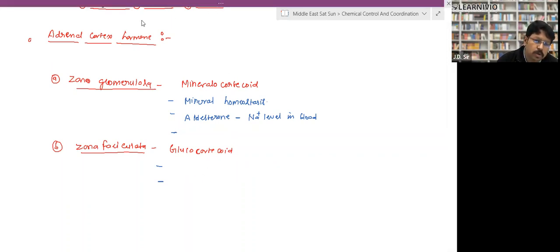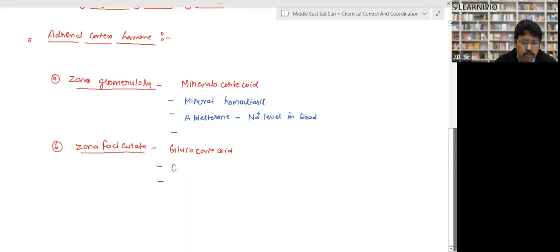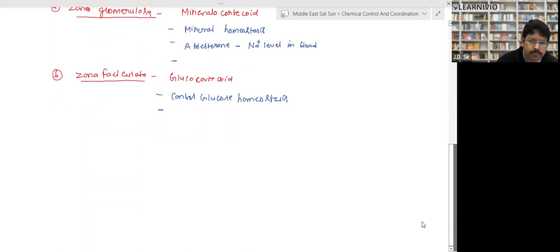Glucocorticoids control glucose homeostasis. Stop. Next, the next layer is the zona reticularis, which is the inner zone.